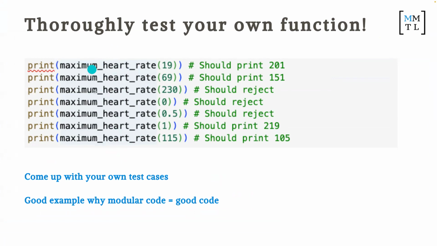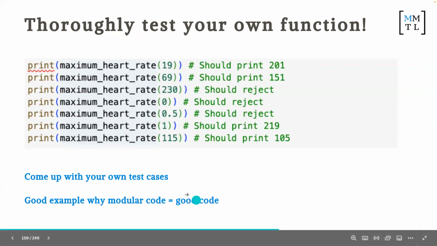I just copy and paste a bunch of this and change the numbers. And from that, what I figured out was that I need to change the print statement to return of the string. Otherwise, it will print out None, which is definitely not what we want. So a function allows you to test it individually. And again, modular code is good code.